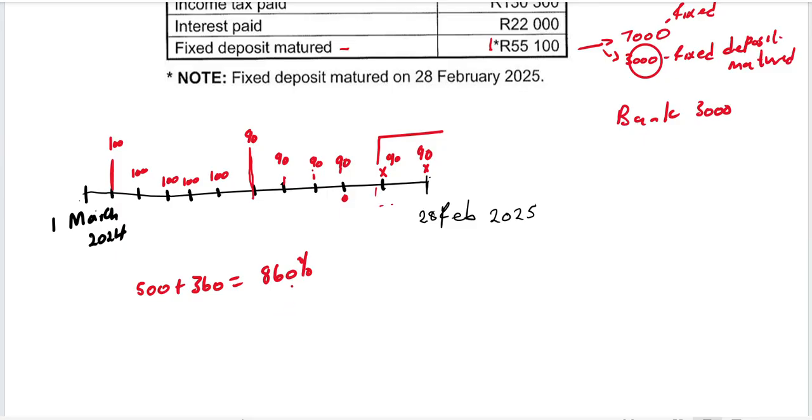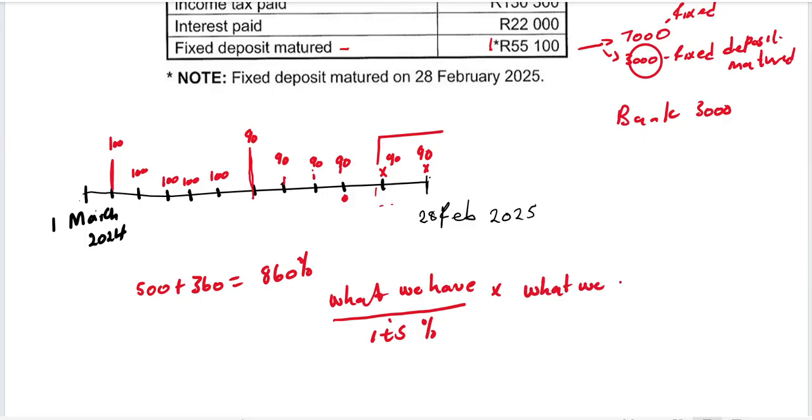Since it is a percentage, what are we going to do? In accounting, we say what we have, divide by its percentage, multiply by what we want. Here we are also using the percentage of what we want. So what do we have here?